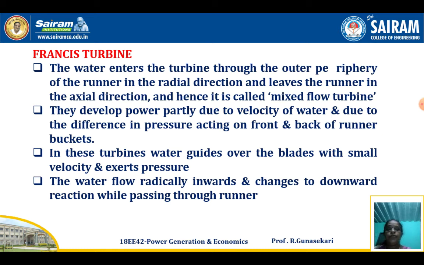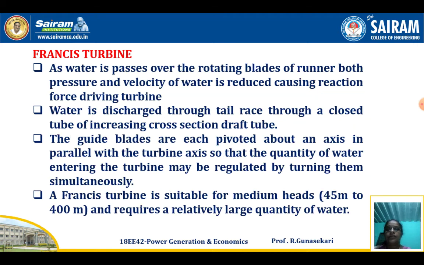The water flows radially inwards and changes to downward reaction while passing through the runner. The water passes over the rotating blades of the runner. Both pressure and velocity of water are reduced, causing a reaction force driving the turbine.